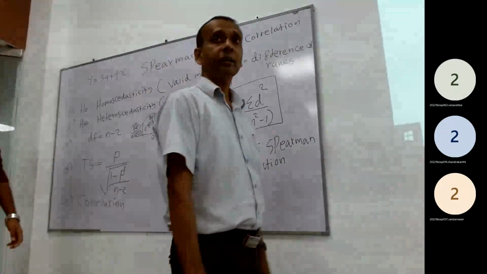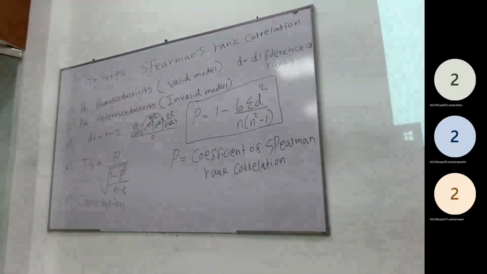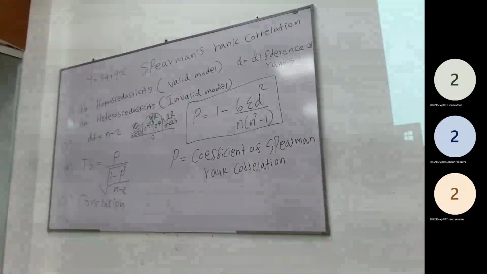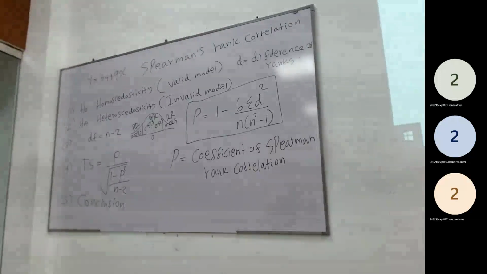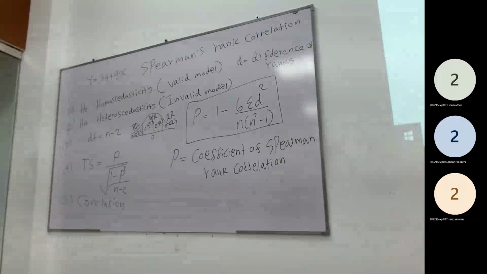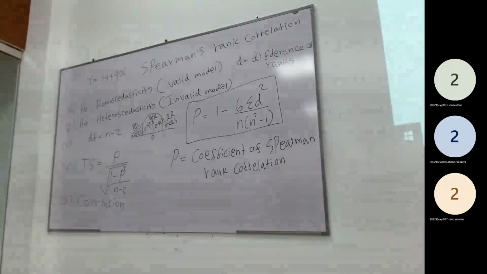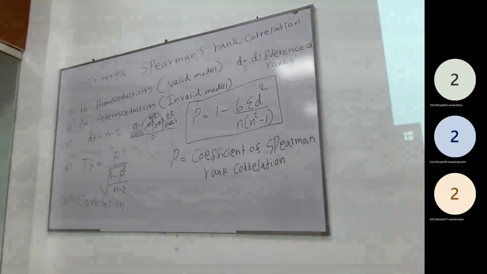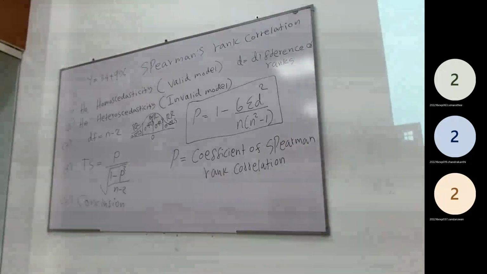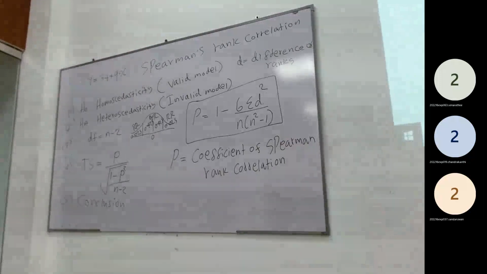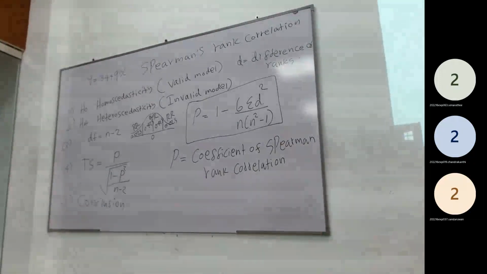Right, the conclusion we write. If the test statistic belongs to the acceptance region, H0 is accepted.